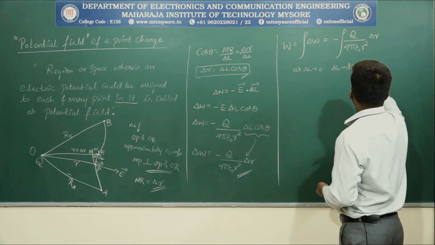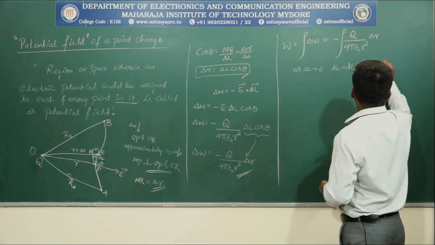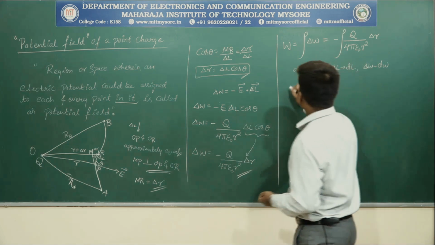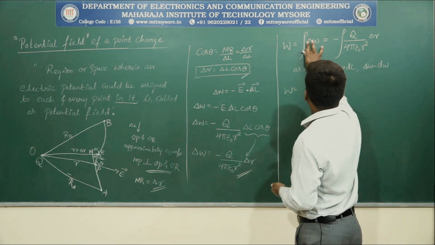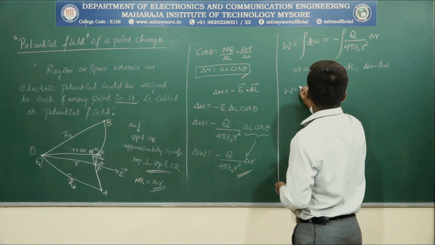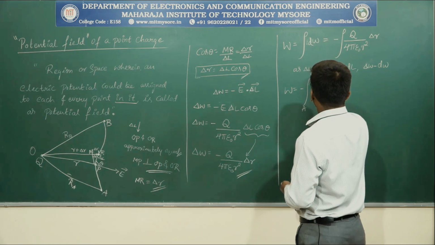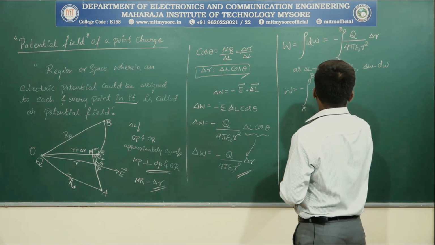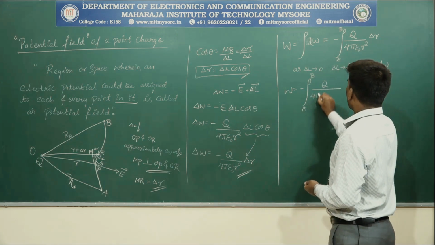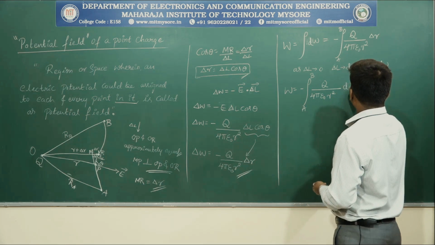When dl becomes, then delta W becomes dW. Therefore W is equal to minus integration from A to B, Q divided by 4 pi epsilon naught R square into dr.